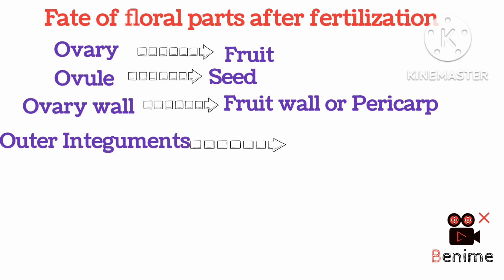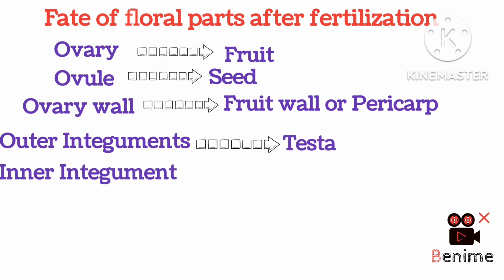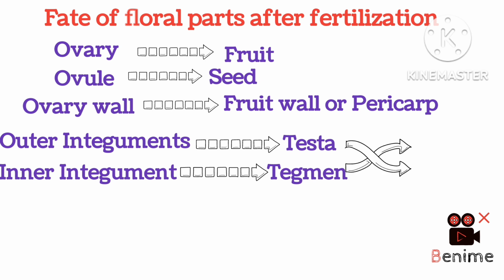Outer integument becomes testa, inner integument becomes tegmen. Together they form the seed coat.